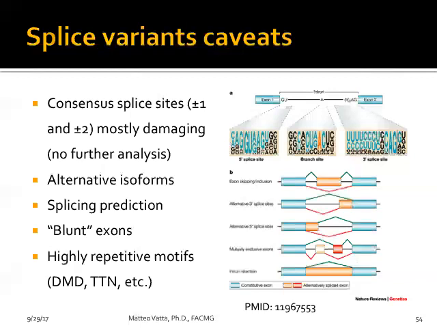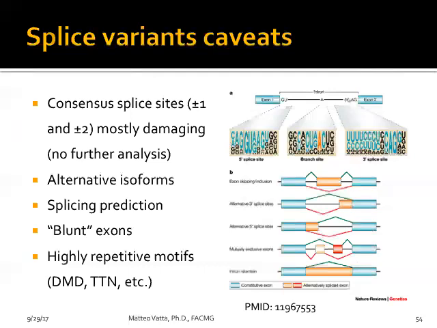But if you have multiple transcripts and multiple isoforms, then a particular splice alteration may or may not be clinically significant. So you have to identify whether this splice variant affects the most important biologically functional isoforms.